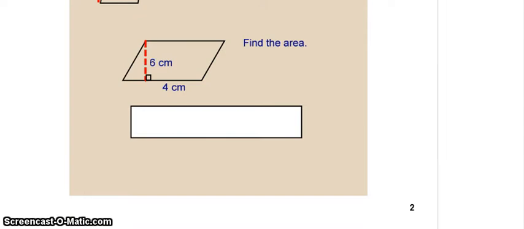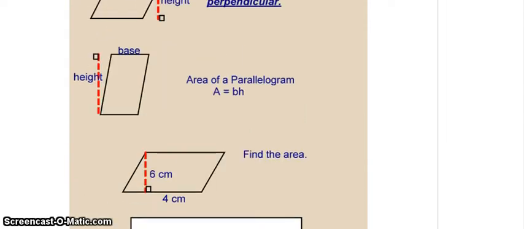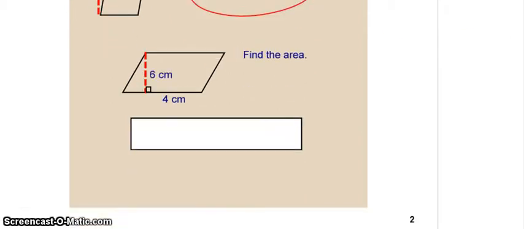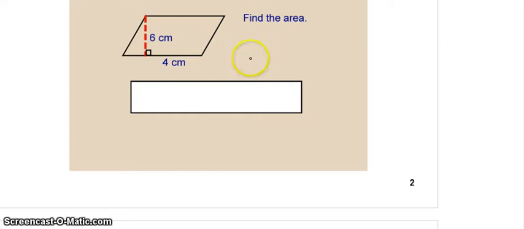So the area for finding a parallelogram is base times height. So if you know the length of one of your bases and the length of your height, you just multiply those to find the area. So in our first example, area equaling base times height, we're just going to multiply 6 times 4.